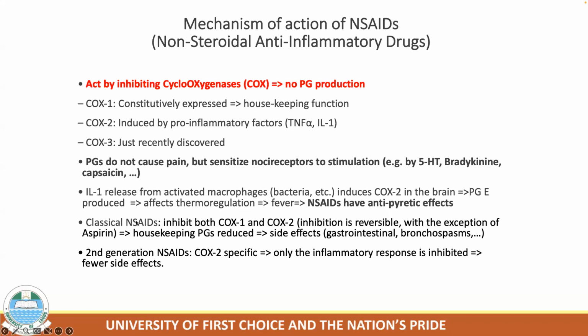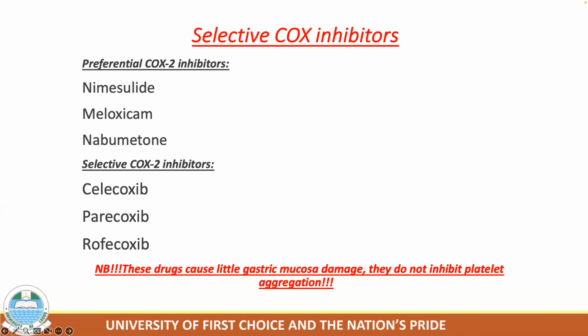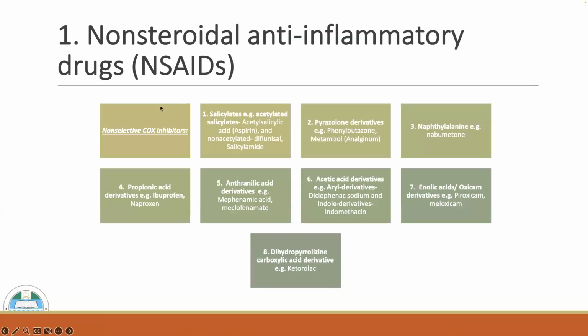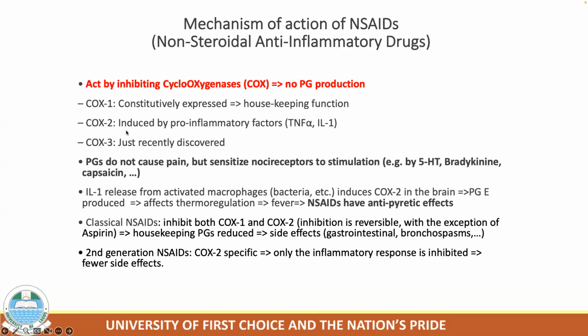Okay. Now, classical NSAIDs inhibit both COX-1 and COX-2, which is why we mentioned earlier that these are non-selective COX inhibitors, because they inhibit both the constitutive and the non-constitutive cyclooxygenases, right? The inhibition is reversible, with the exception of aspirin, right? And they also inhibit cyclooxygenase 1, the COX-1.